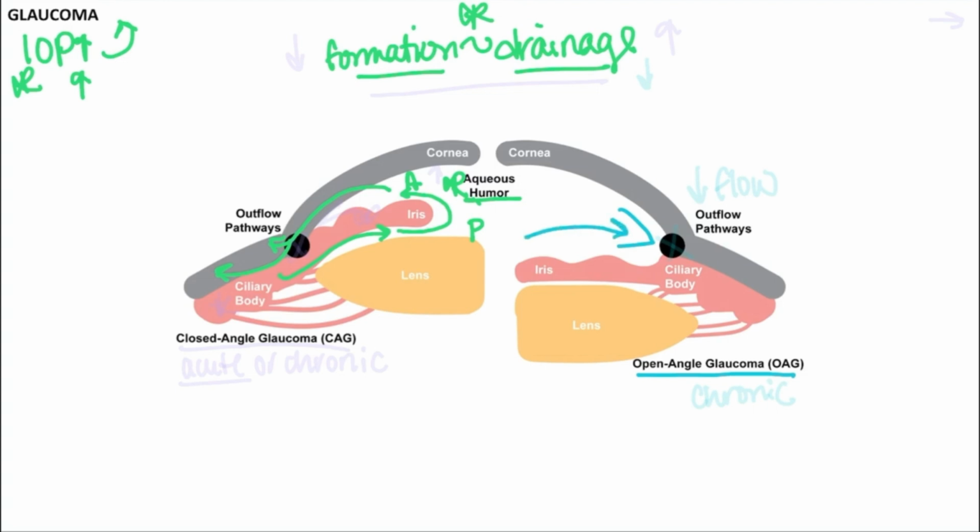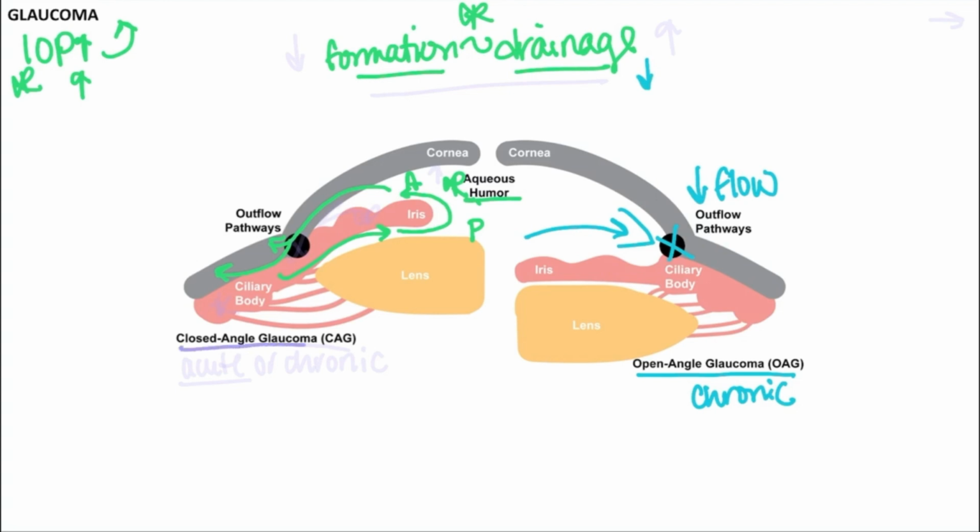So open angle glaucoma is more of a chronic progression and is thought to be mainly due to reduced flow through the trabecular meshwork due to degeneration and remodeling of this region from prolonged exposure to elevated intraocular pressures, leading to some degree of obstruction. With this aqueous humor outflow reduced, we have a further imbalance and increases in intraocular pressure over time.